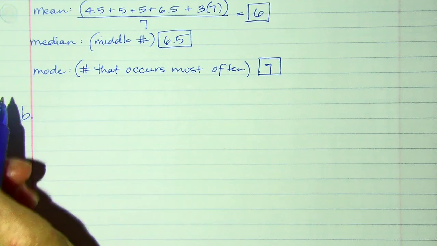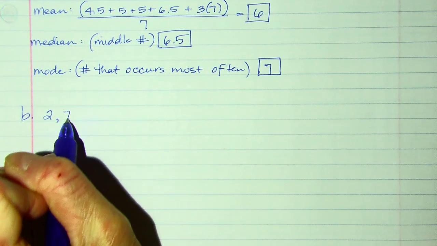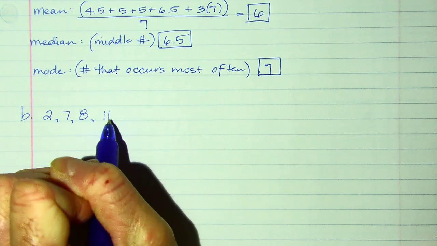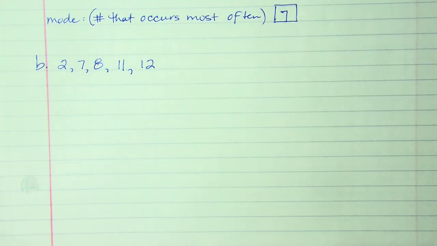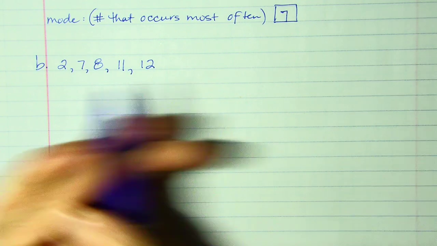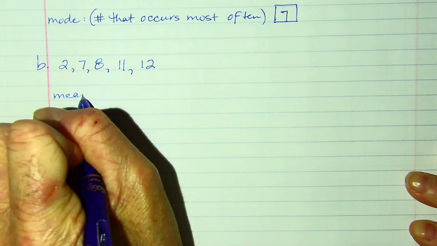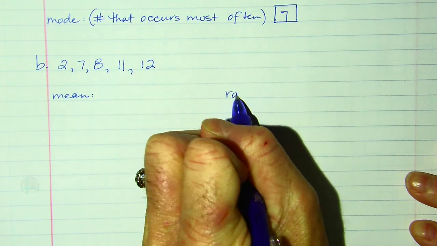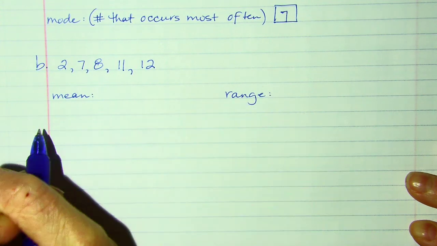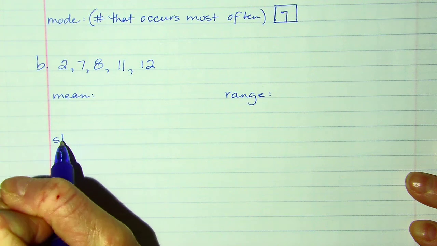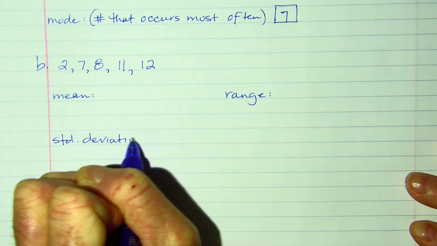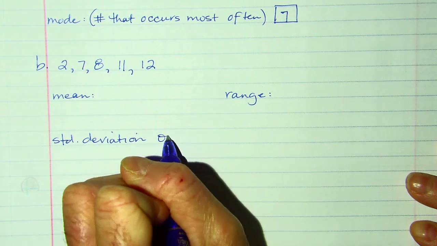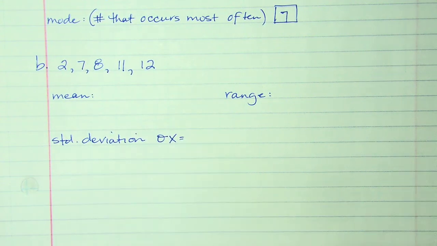B, my list is 2, 7, 8, 11, and 12. Now for this one, they've asked me to find my mean. They want the range, and they want our standard deviation, or the symbol for that is this little theta symbol.